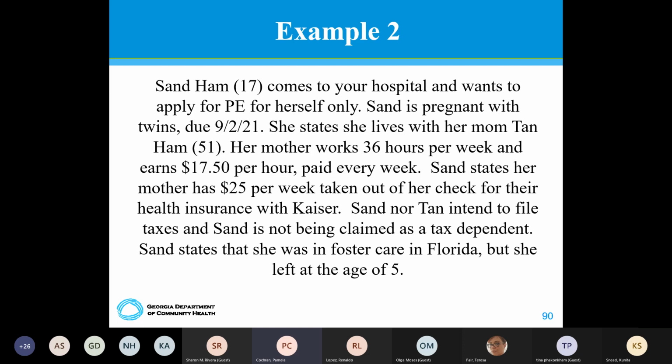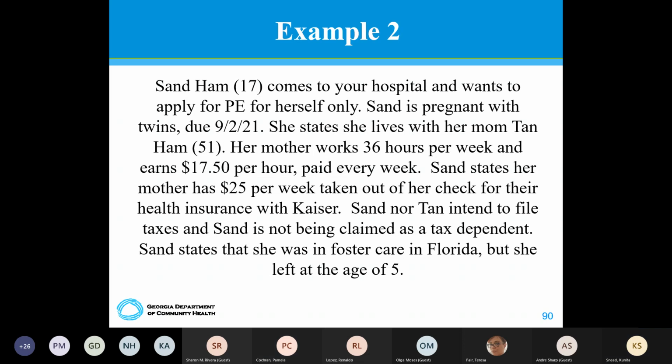Sand states her mother has $25 per week taken out of her check for their health insurance with Kaiser. Neither Sand nor Tan intends to file taxes, and Sand is not being claimed as a tax dependent. Sand states that she was in foster care in Florida, but she left at the age of 5.